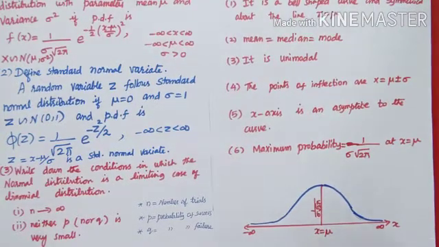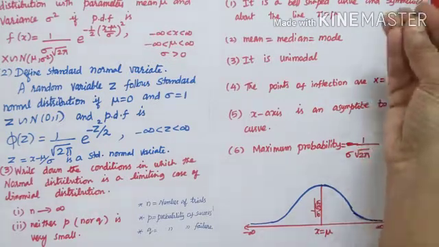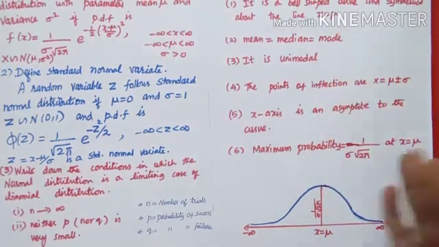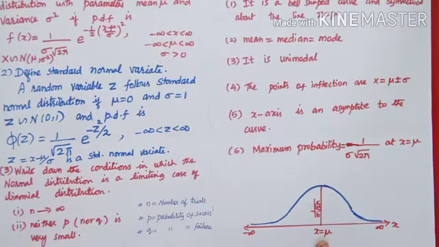Looking at the diagram, you can remember at least 5 properties or characteristics of a normal curve. You might have this also in 2 or 3 marks. So easy points I have listed here, which you can remember to write in the exam. It is a bell-shaped curve, symmetrical about the line x is equal to mu. Mean, median, mode all coincide at this point.